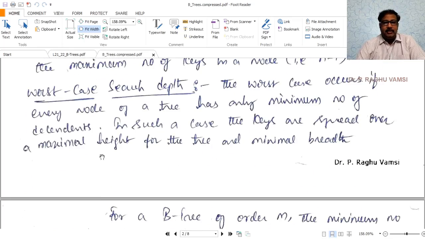Worst case search depth. Let us calculate some worst case search depth. The worst case occurs if every node of a tree has only the minimum number of descendants. Assume that every node in the tree has the minimum number of descendants. In such cases, keys are spread over a maximal height of the tree and a minimal breadth.